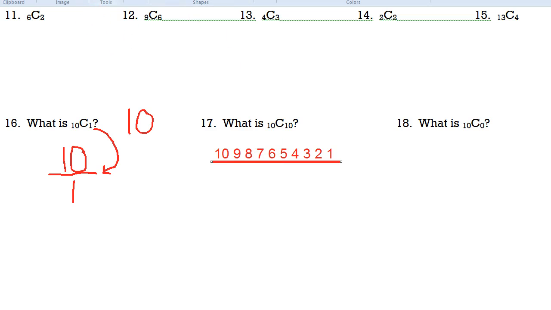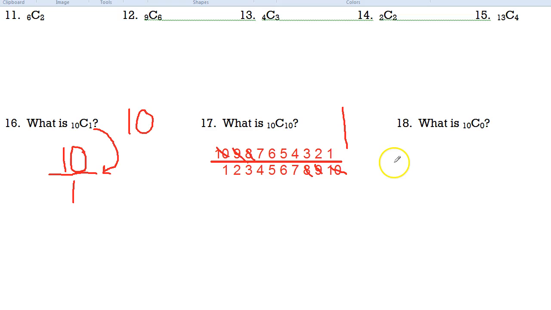So on the bottom you count up 1, 2, 3, 4, 5, 6, 7, 8, 9, 10. It's the same number on top as it is on bottom. If you were to go through this really carefully, you'd find out that the 10s cancel, the 9s cancel, and so on. It turns out everything cancels. So when all is said and done, you just get 1.